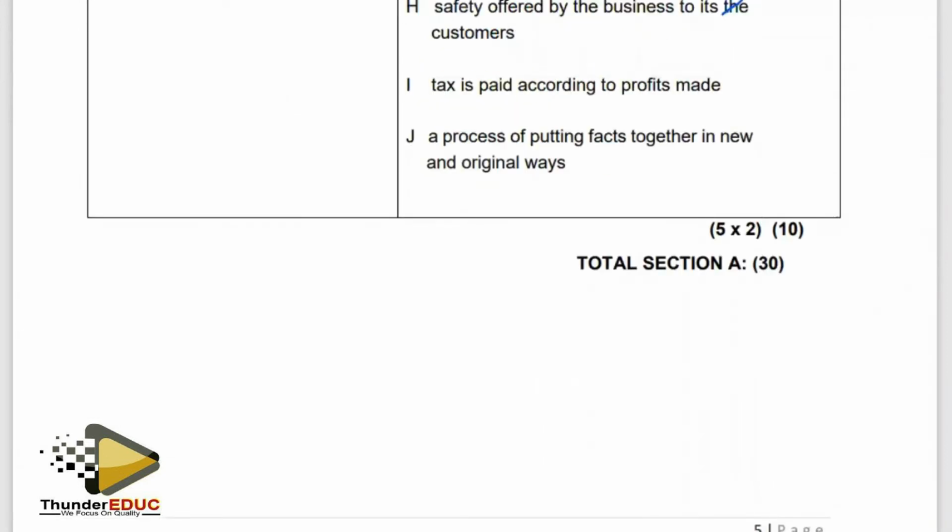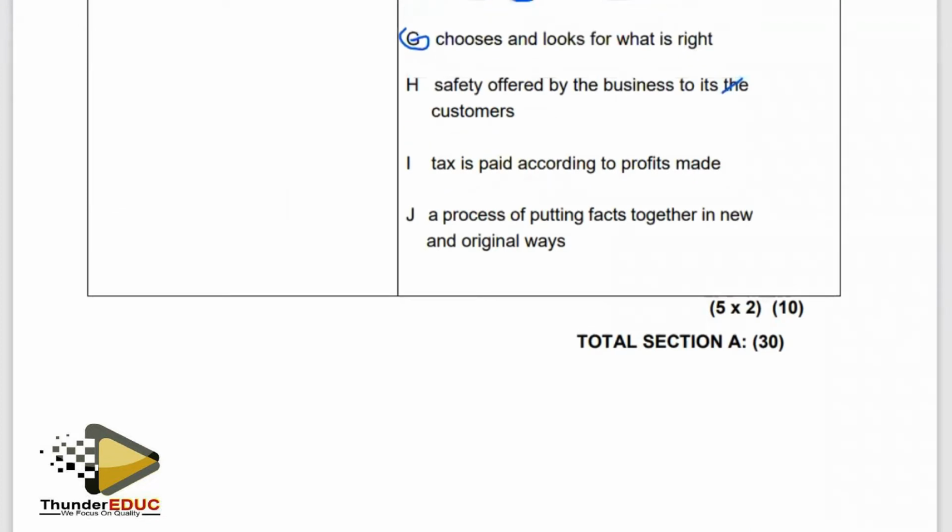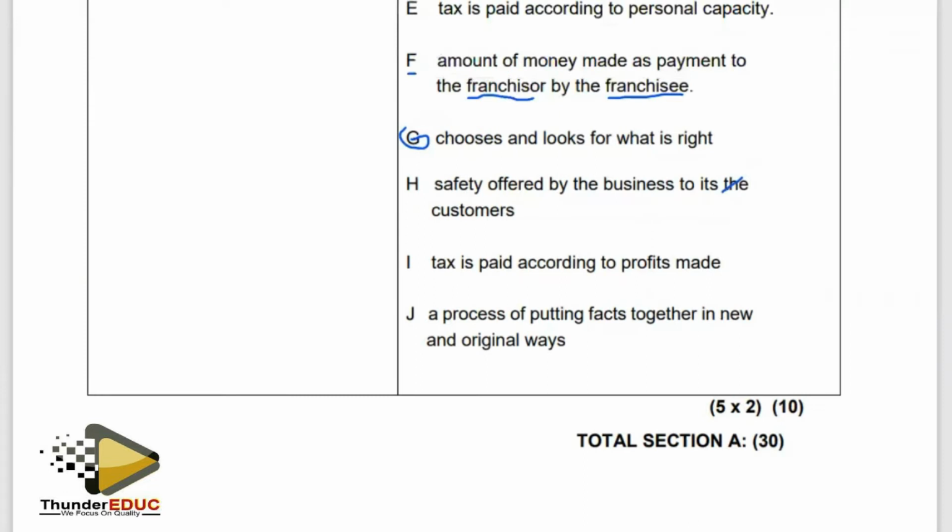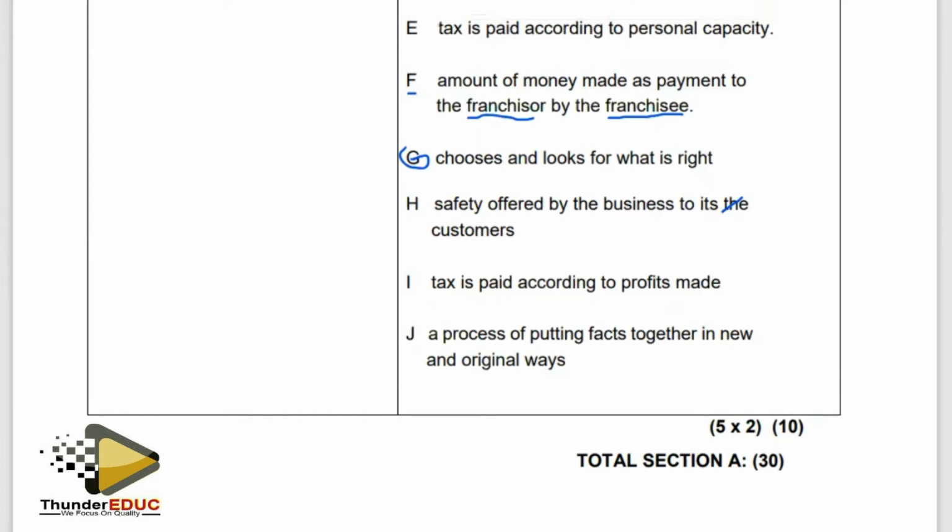I want to assure you, if you want to be a successful business learner, you have to work on your section A. It is very important that you know how to answer section A. Tactics and skills: one, make sure that you read the question fully, read all the alternatives given fully, and then finally choose the most appropriate one.